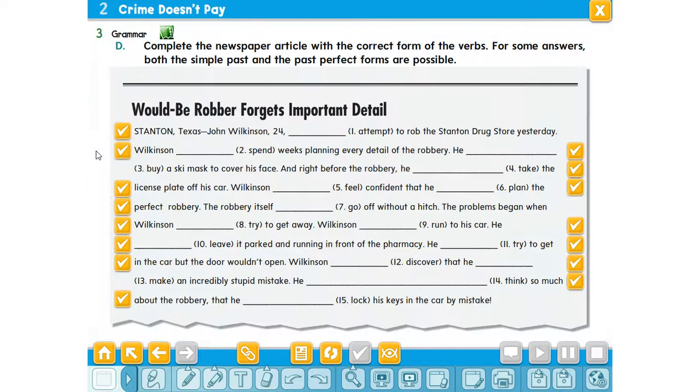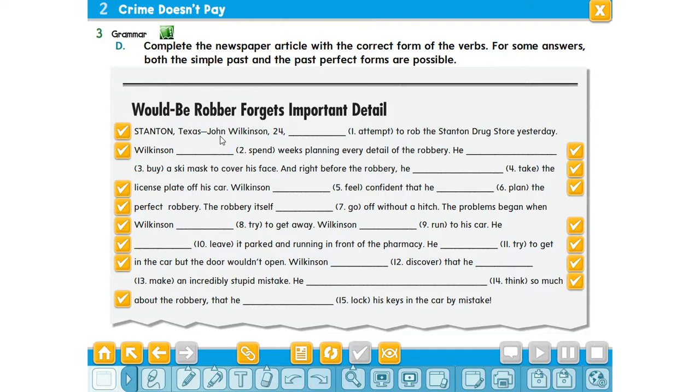The last exercise that we have: complete the newspaper article with the correct form of the verbs. For some answers, both the simple past and the past perfect forms are possible. So that means we have two choices sometimes. Let's take the first one and the second one as an example. Stanton, Texas.